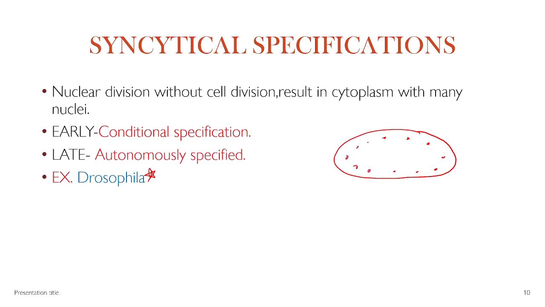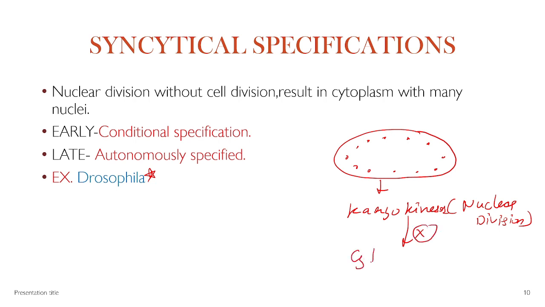That means the karyokinesis, which is known as nuclear division, is not followed by any cytokinesis, that is cell division.